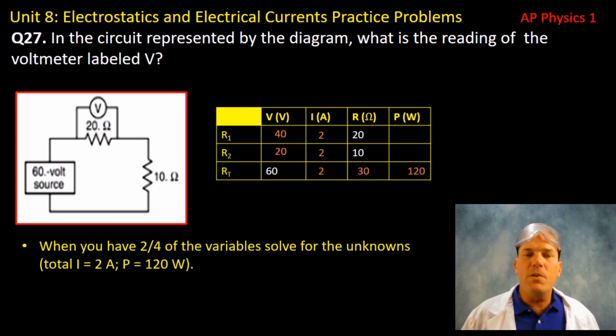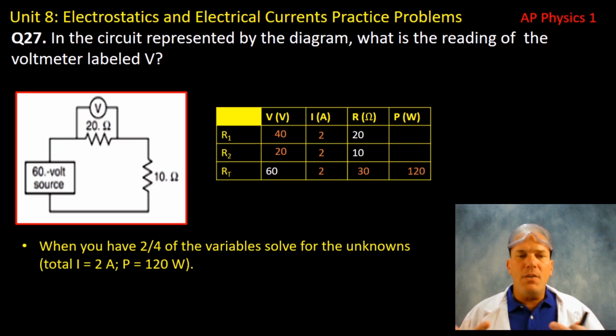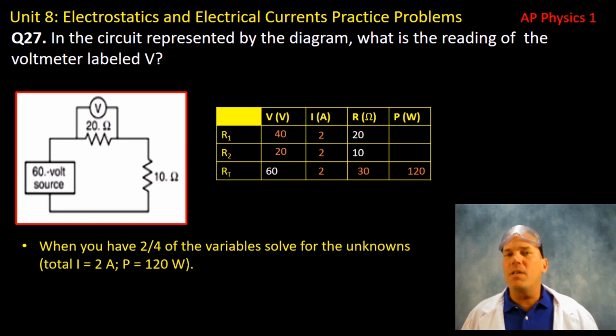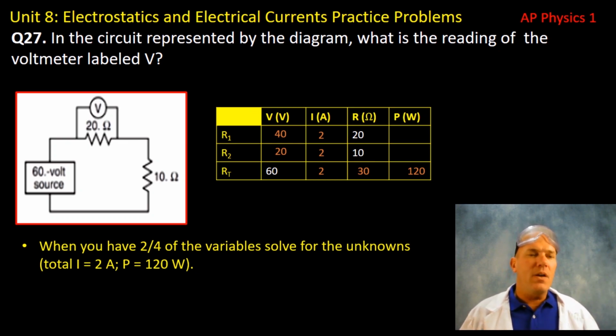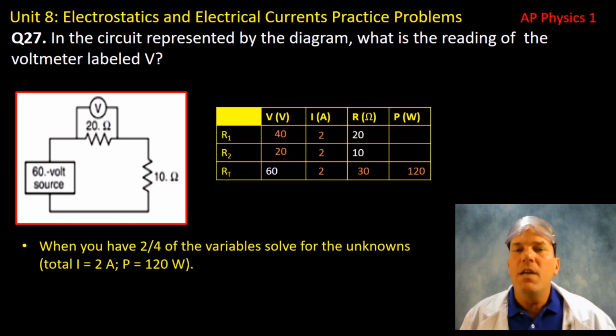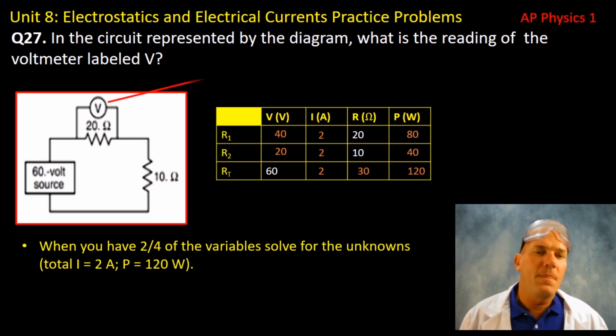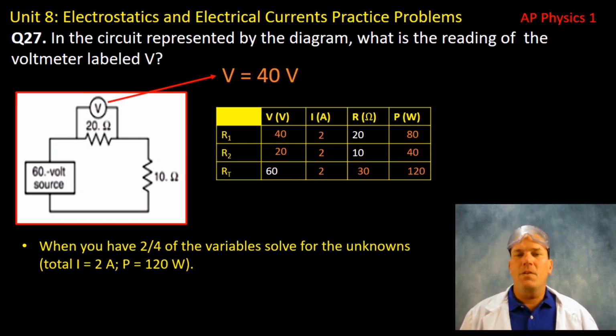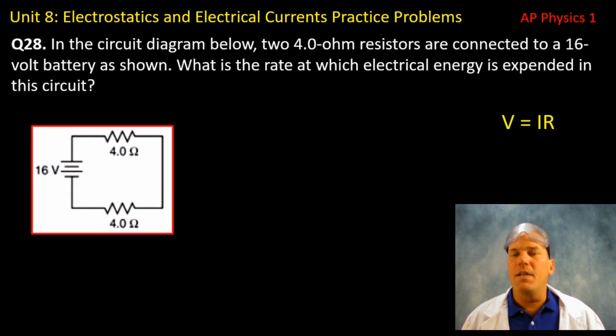R1, 40 volts, R2 being 20 volts. We are specifically being asked about across the 20. So across the 20, the voltmeter should read 40 volts. Okay, moving on.